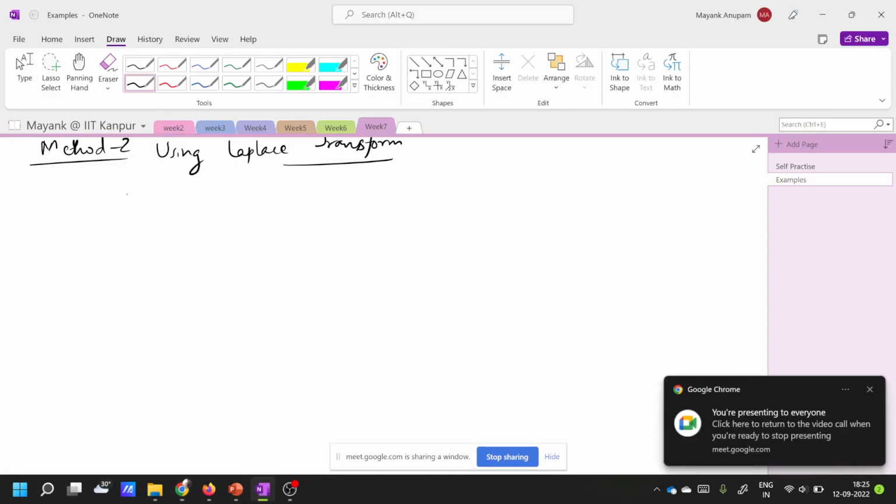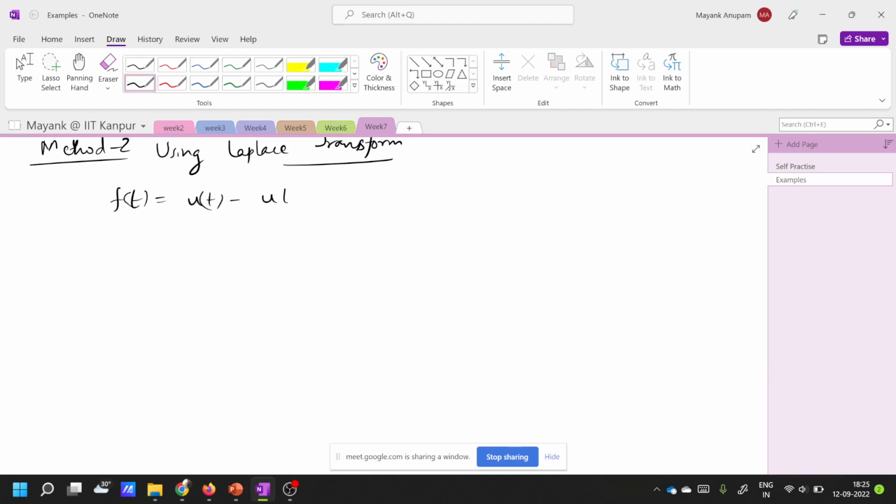So the f of t is what? u of t minus u of t minus 2, correct? And we have to find out the Laplace transform of f of t convolved with f of t, right? So how will I do this? Suppose I find out its Laplace transform F of s. What is convolution in the Laplace domain?